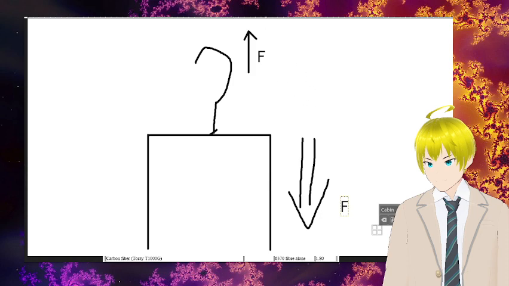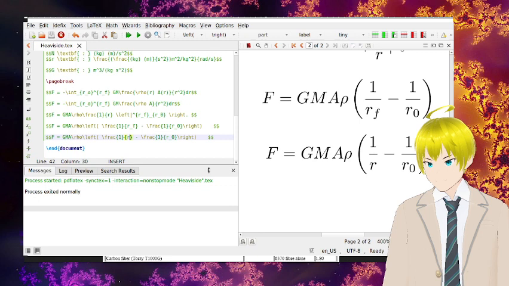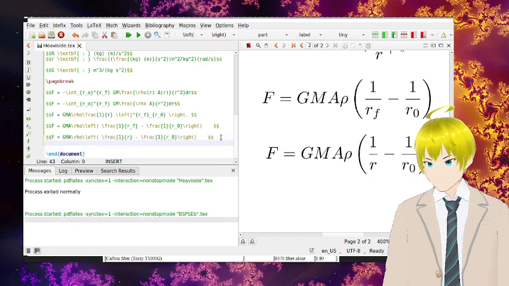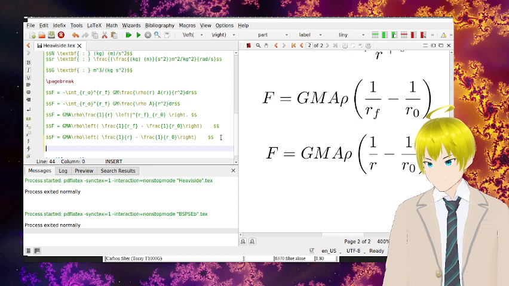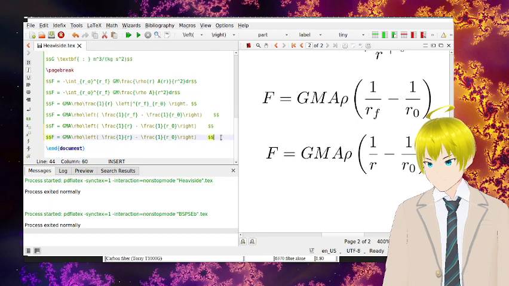So what we need to do is, let's go back to LaTeX. What we need to do is plug in force per area. I guess F over on the right is going to be force per area times area, right? Yeah.